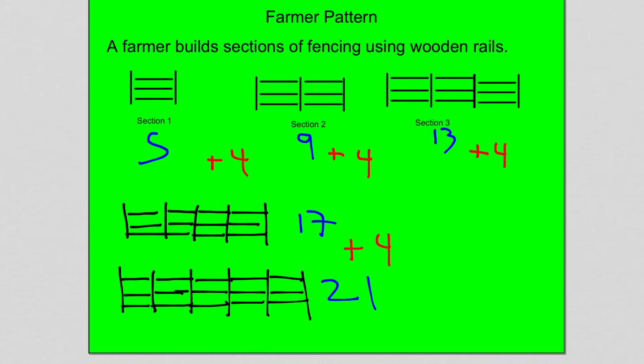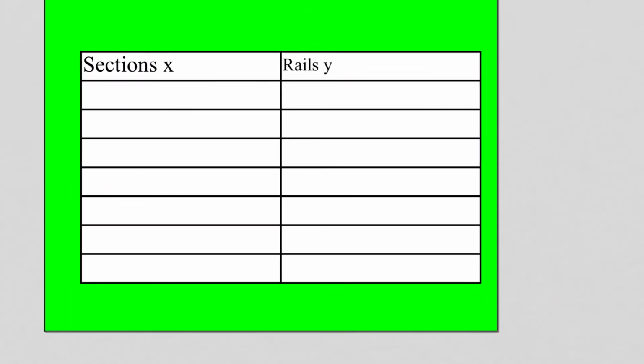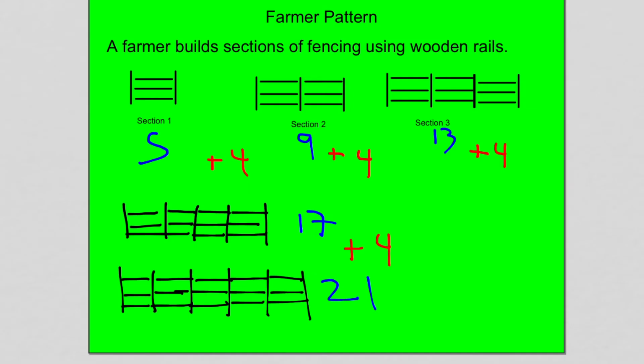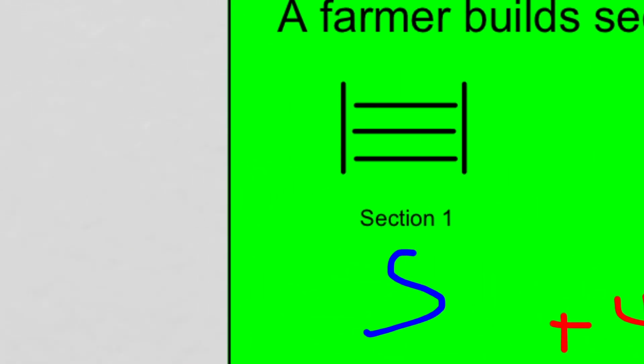Then we took that picture pattern and we represented it in a chart. We actually started our chart with 0 sections, 1 section, 2 sections, 3 sections, 4 sections, 5 sections, and 6 sections. Now what I meant by 0 sections was you initially started with that one post, this one post right here.